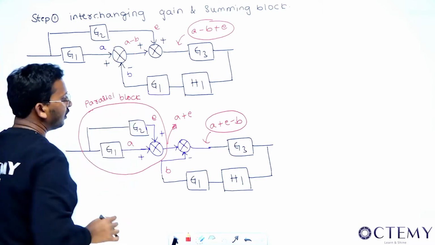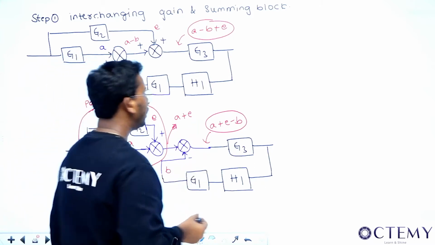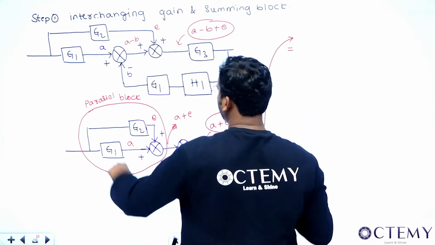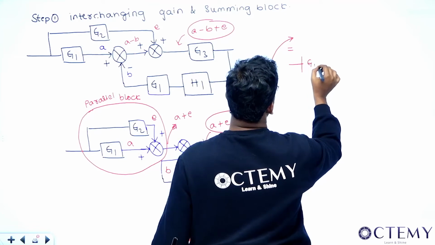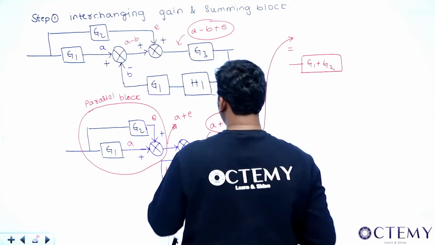And what is this particular block, sir? If you see this particular block, this is simply a loop. So see, sir, if I solve this, what will I get? After this step, I am writing it here. This will become, parallel means they'll add, G1 plus G2. And what will this become, sir? This is a loop.